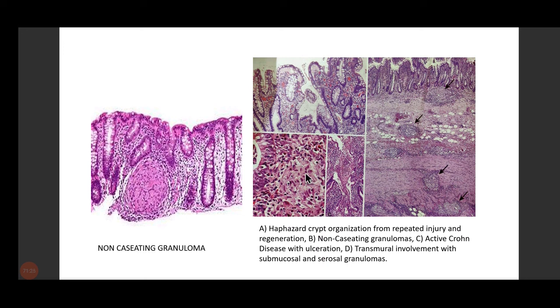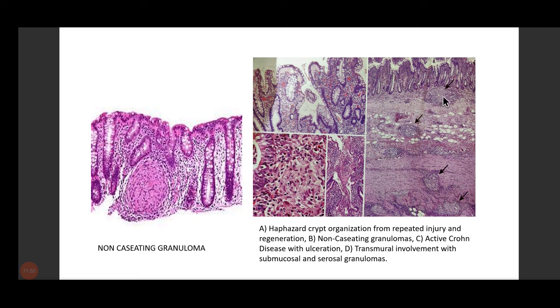And this is a non-caseating granuloma. There is an active ulcer, because an ulcer is formed when there is a breach in the epithelium. So all the inflammatory cells you will see in the lesion. Ulcers are formed and can be seen in Crohn's also. And there is transmural involvement.